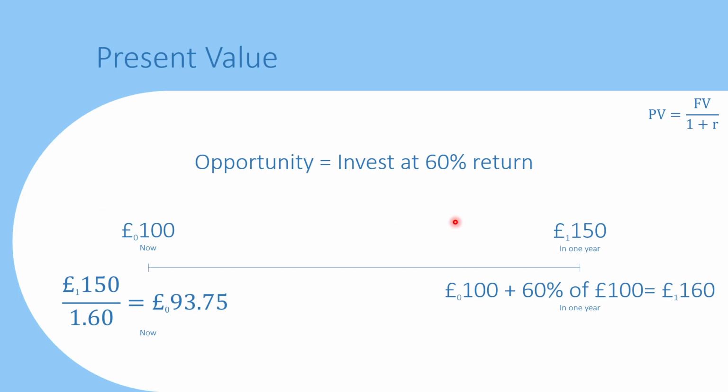So you would prefer the 100 over the 150 because the 100 is bigger than the 93.75 present value of the 150. So the decision remains the same. You always choose the 100 regardless of which way you do the calculation. You can do it either way, but it gives you the same choice.